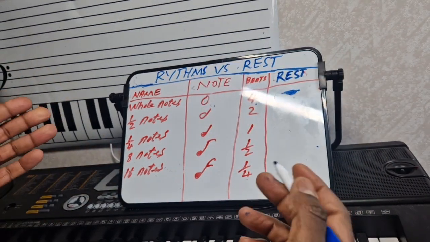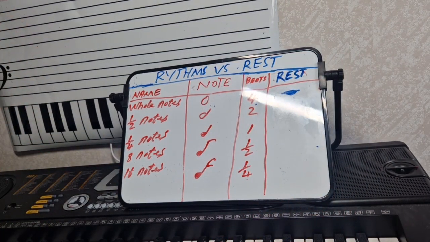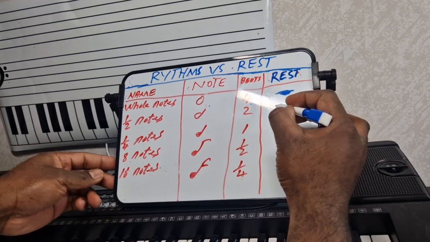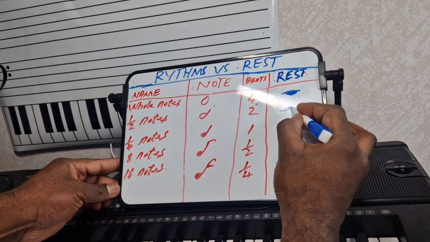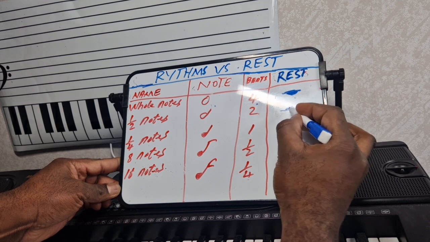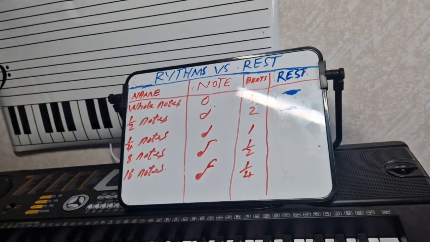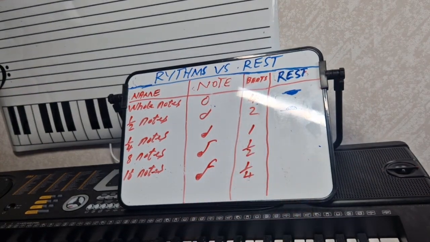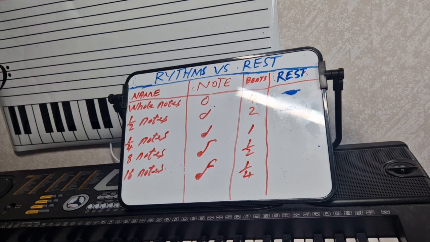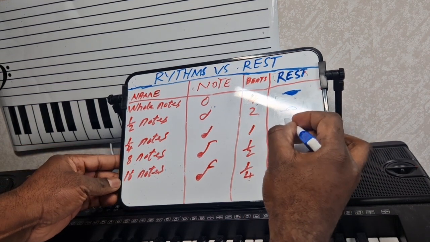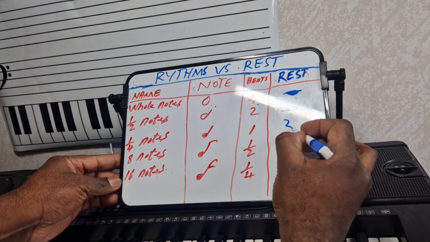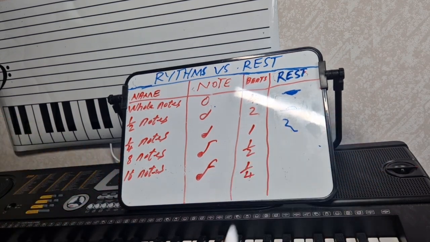Like an upside-down cap, right? An upside-down hat, all right? And for the half note, it's like this, reversed. And we also have the 1/4 note rest, which is something like a 3. That's the 1/4 note rest, right?